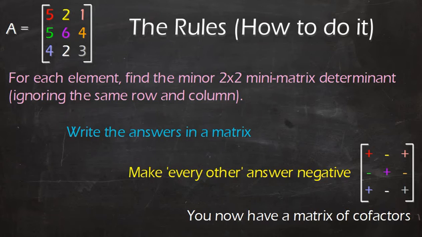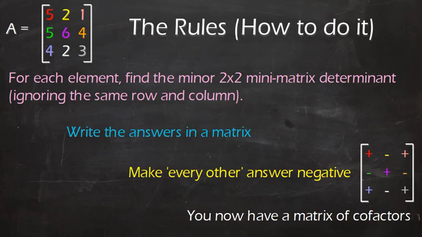For each element in turn you find the minor 2x2 matrix determinant. So you take each element and then you ignore the other elements on the same row and same column, and then you multiply the diagonals and subtract them, the same as when we found a determinant of a 2x2 or a 3x3 matrix.